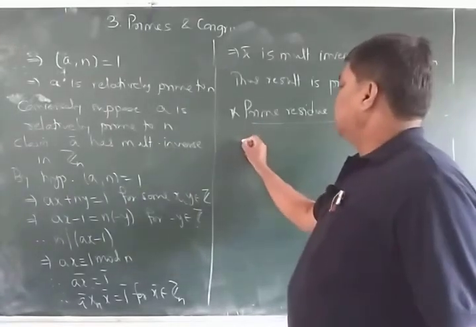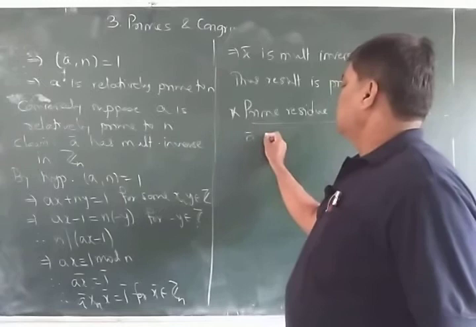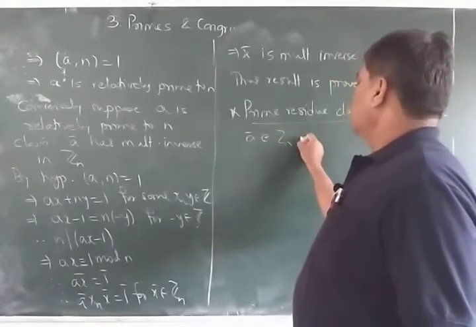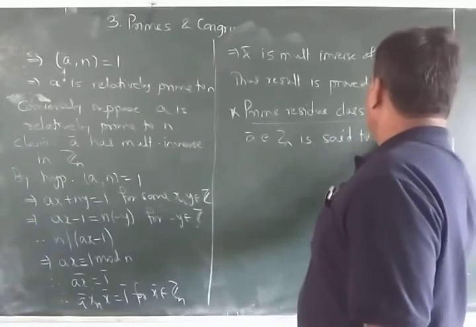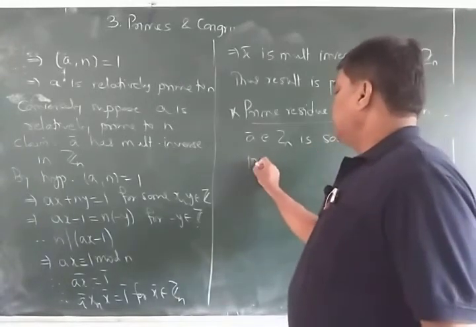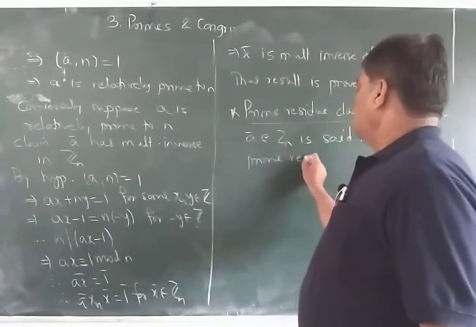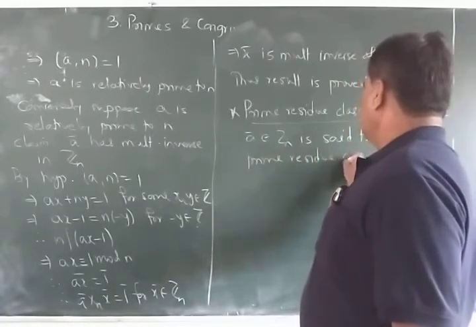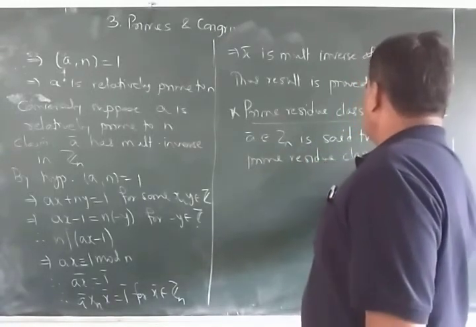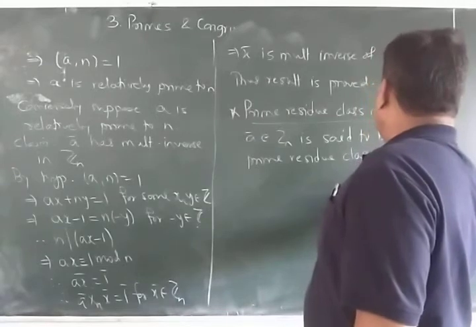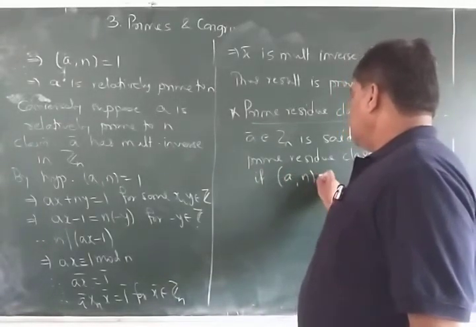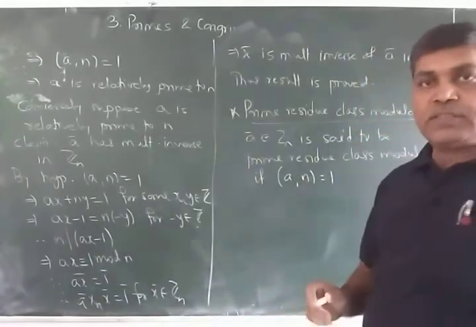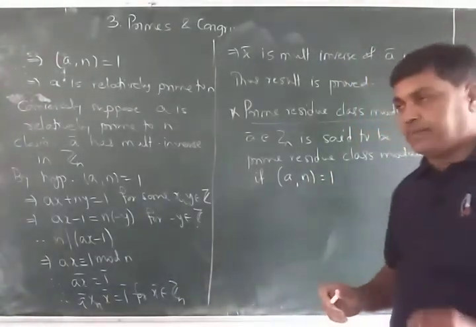A bar belongs to Zn is said to be prime residue class modulo n if GCD of A with n is 1.